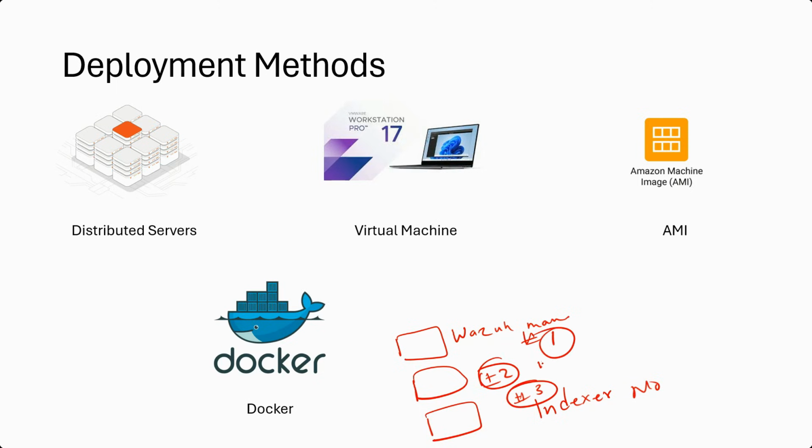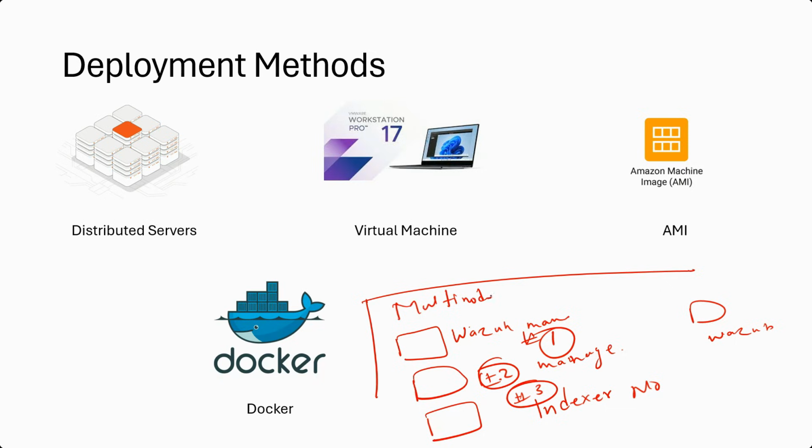So these two will be the manager, the server itself, and the third will be the indexer, and of course, a Wazuh dashboard node as well. So the final node will be our Wazuh dashboard. So this is how the multi-node deployment really looks. This is multi-node deployment with Docker.